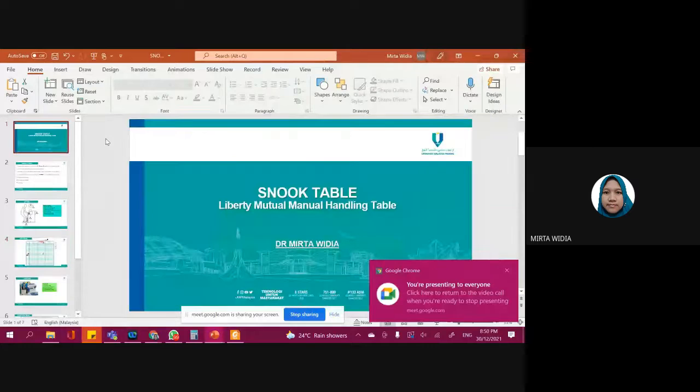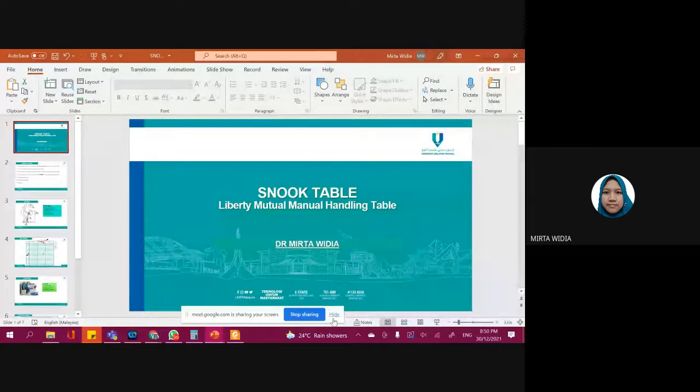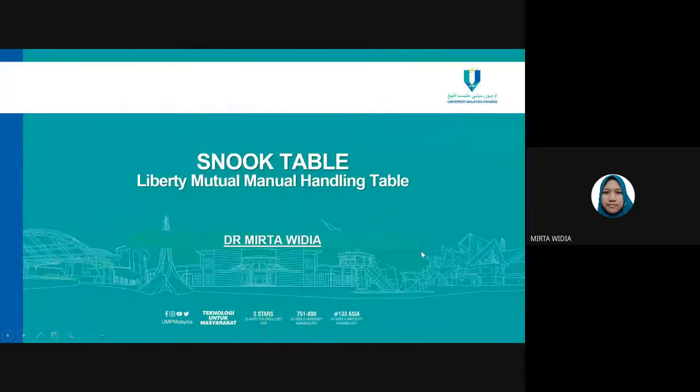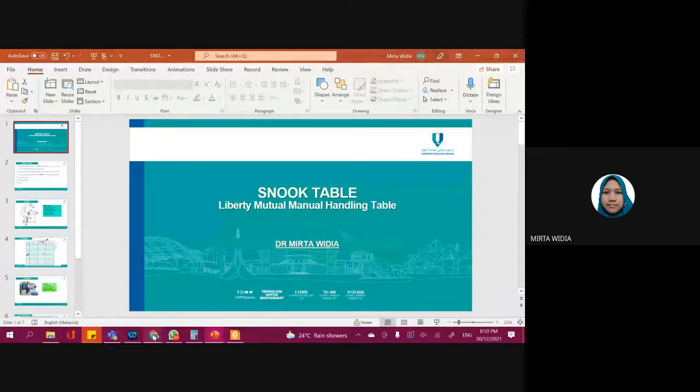Okay, I share my screen. Can you see my screen, right? Okay. So this is about the Snook table. Has anyone used the Snook table or know what the Snook table actually is? Or maybe this is the first time hearing about the Snook table?